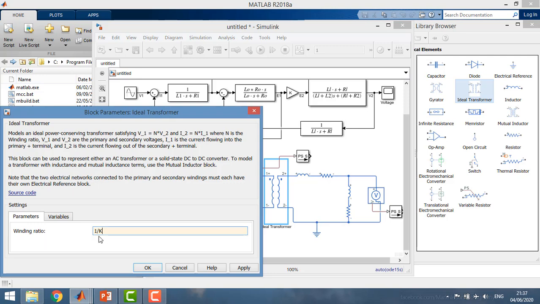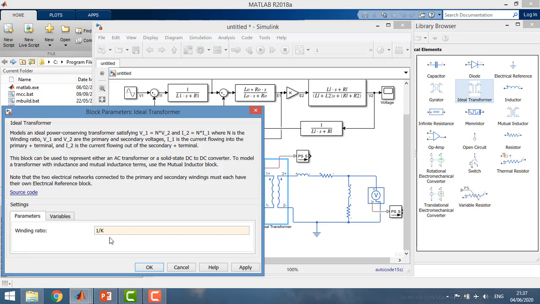We defined K as primary to secondary voltages, while in this ideal transformer block it defines secondary to primary voltages as the turn ratio or the winding ratio.